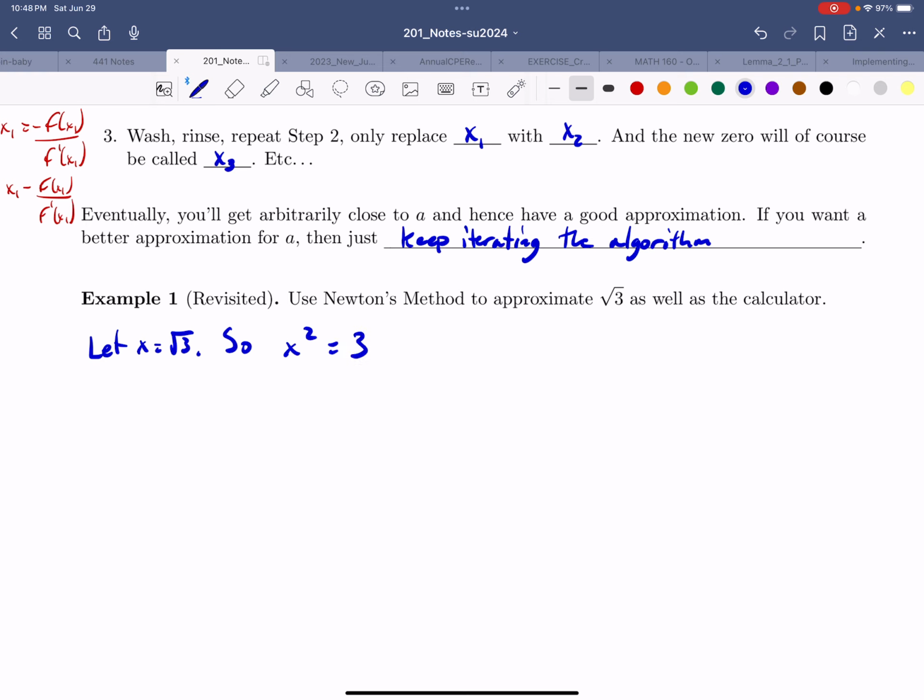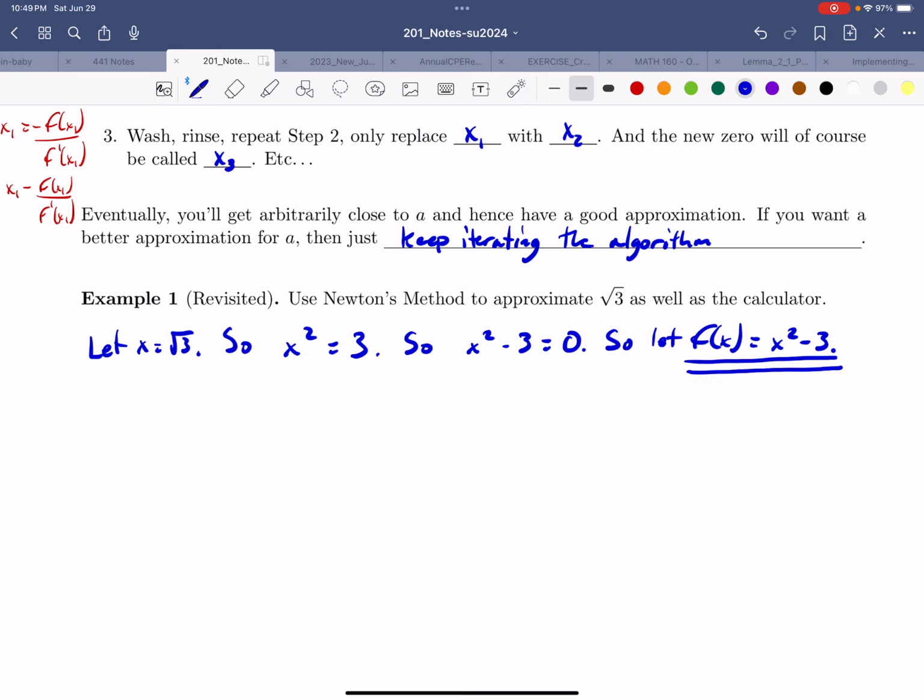See how I just squared both sides? Remember, we're interested in the zeros of a function, so x squared minus 3 equals 0. So let f of x equal x squared minus 3. And now we're interested in finding the zeros of f. This is where we want to be.